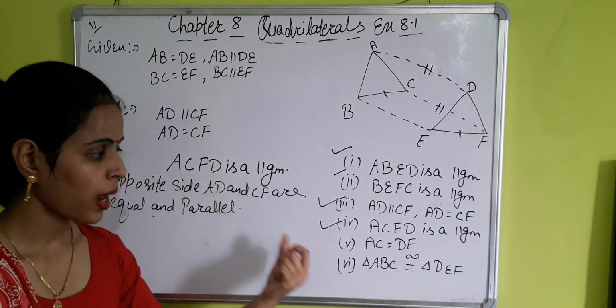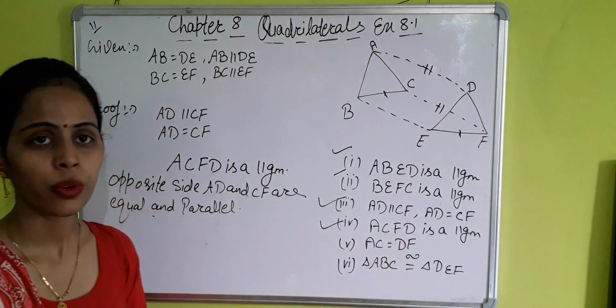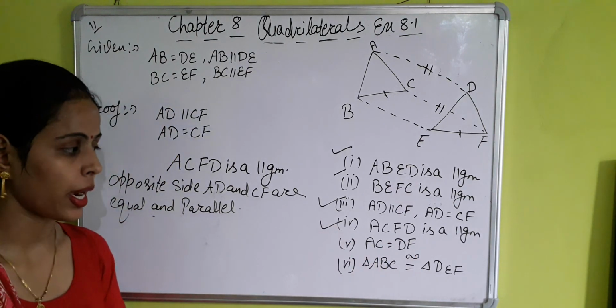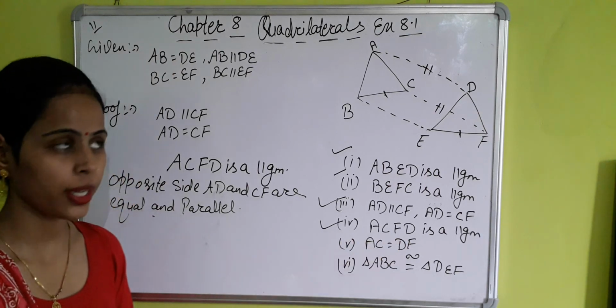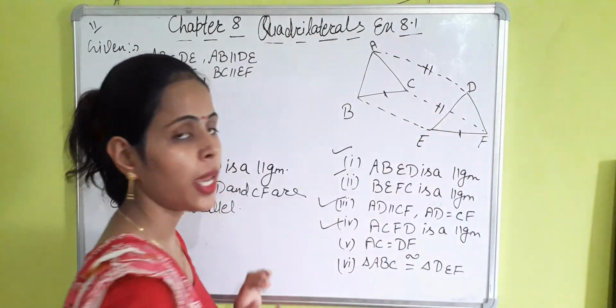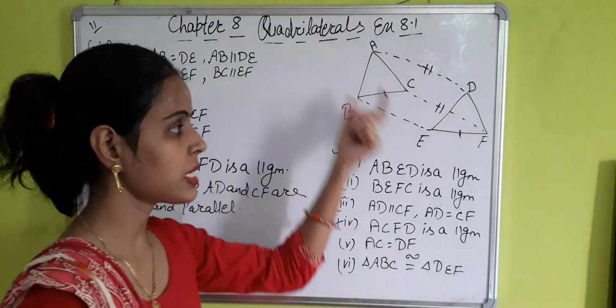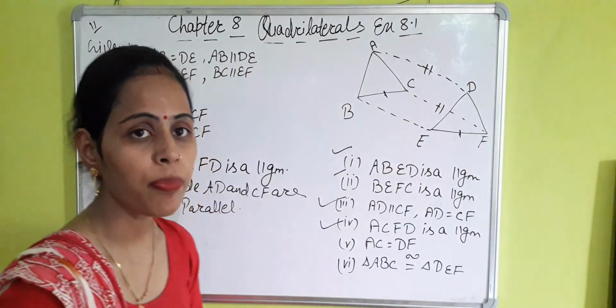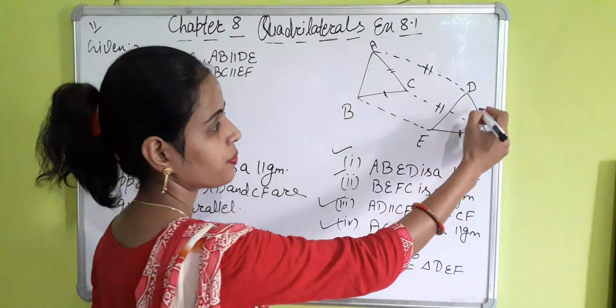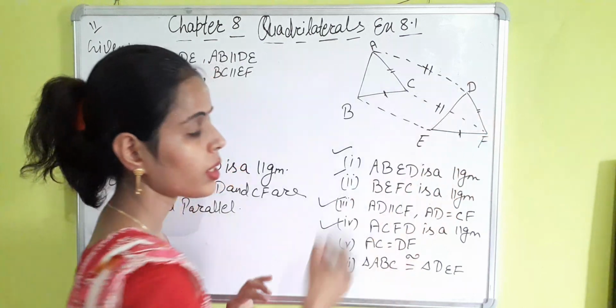Now fifth part, AC equals DF. With the help of fourth part, prove fifth part. In fourth part, ACFD is a parallelogram. If ACFD is a parallelogram, then side AC is equal to DF.